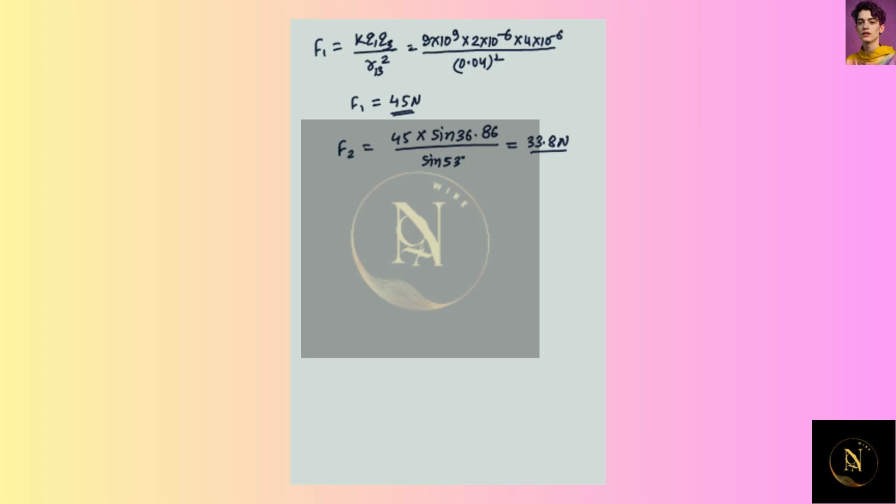Now F2 can also be written as F2 equals K Q2 Q3 divided by R23 squared. Substituting values, K is 9 into 10 to the power 9, and Q3 is 4 into 10 to the power minus 6, divided by R23 which is 0.03 meter squared. F2 has magnitude of 33.8 Newton.